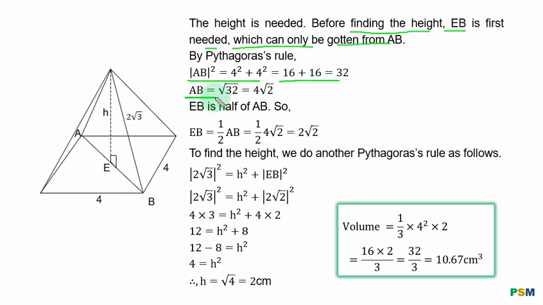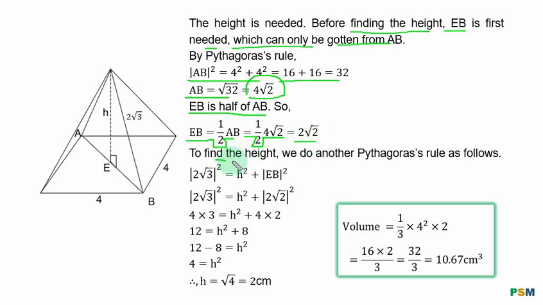AB becomes the square root of 32, which can be expressed in this form. EB is half of AB. So EB is equal to 1 over 2 times AB. That is 1 over 2 times 4 root 2 equal to 2 root 2.